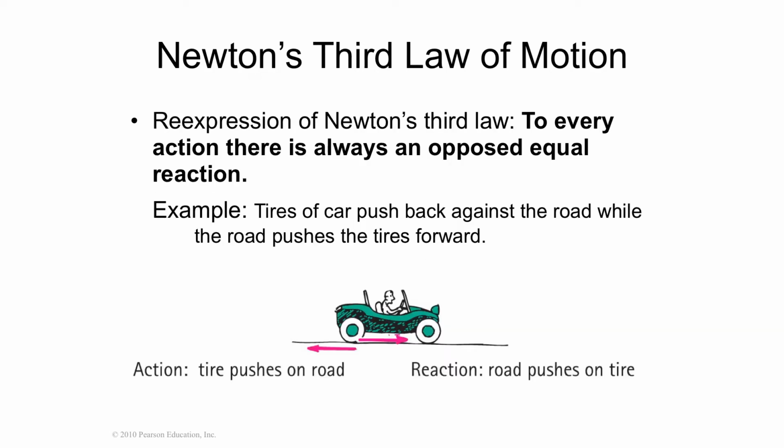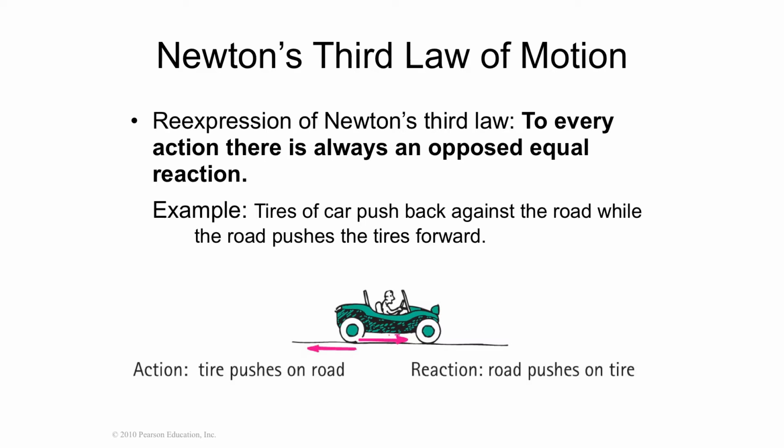Sometimes these pairs are not obvious. It's kind of easy when you say I'm shoving on the basketball and it's exerting a force on my hand, or the oar is exerting a force on the water, and the water is pushing the oar, which propels the boat. Sometimes it's easy, sometimes it's not. In the case of, say, a car driving on the road, what is causing the motion of the car?